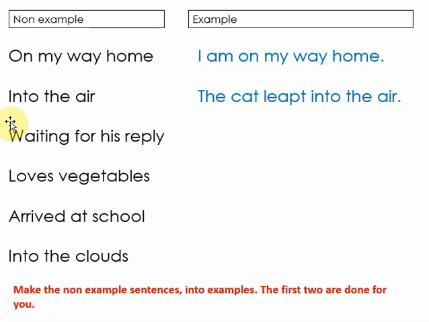So we've added them: the cat leapt into the air. The cat is the subject, leapt is the verb, and the object that the verb has been performed on is the air. Now pause the video and write out the remaining 4 non-example sentences and turn them into example sentences.